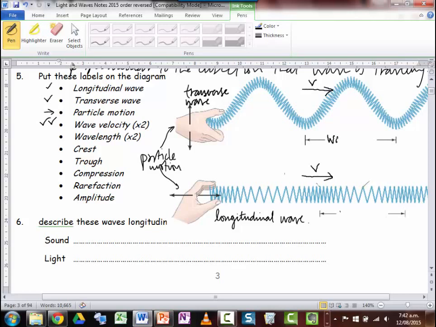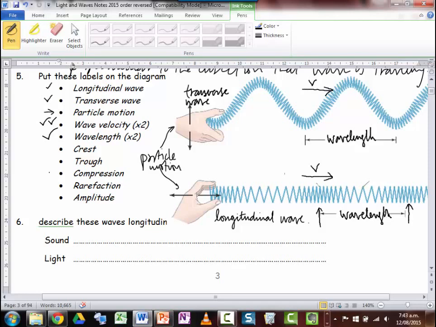So this is the wavelength. And the wavelength for a longitudinal wave is the distance between two consecutive compressions. So this is the wavelength. This is a compression here. And that's a compression there.